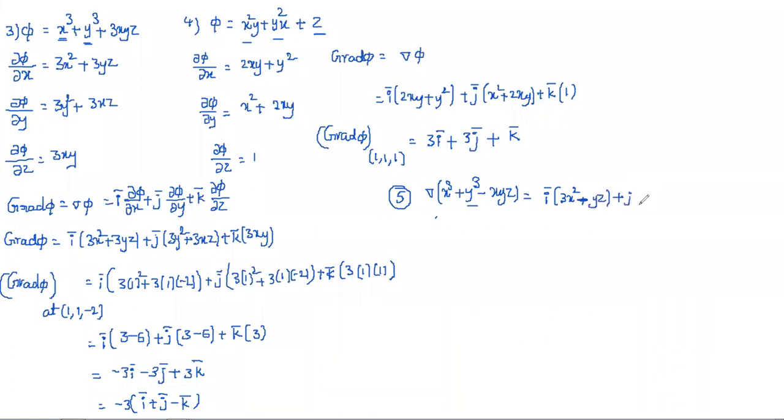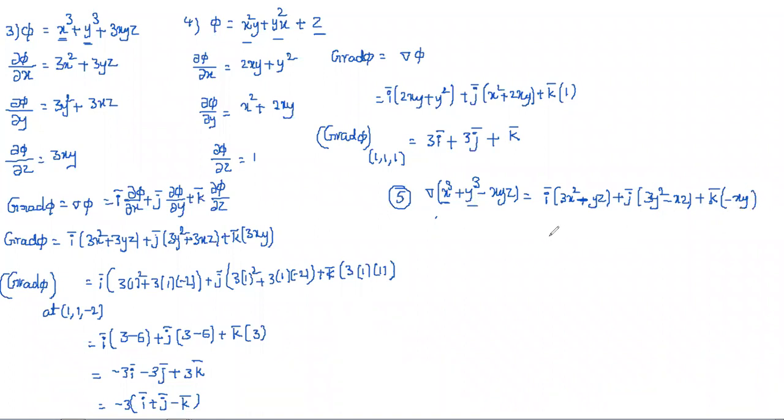Plus j into, here the first term becomes 0, because there is no y term, and here y cube gives 3y square, minus xz. Plus k into, with respect to z we are doing, this is 0 and this is also 0, and the remaining is minus xy.